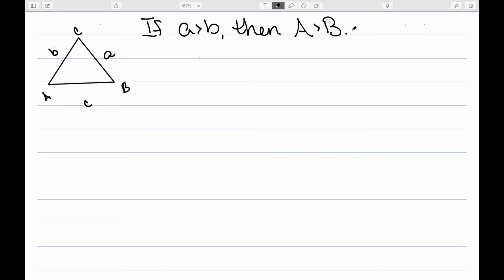Very much related to this, I have the idea that if little a is greater than little b, then big A is greater than big B, essentially meaning that if I have a longer side, it's going to correspond with a bigger angle.